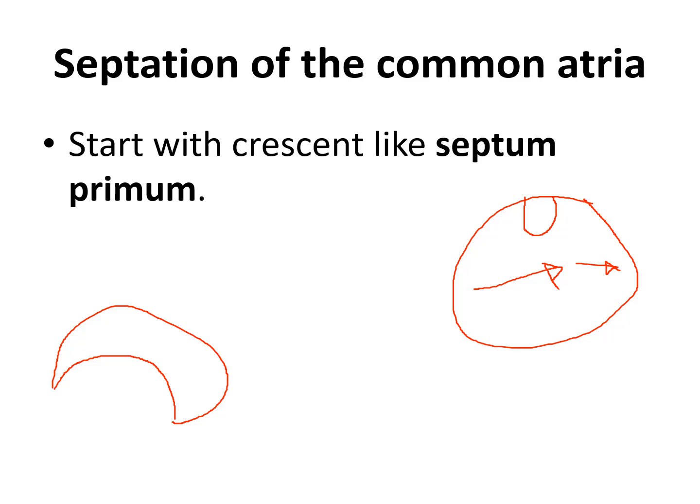But what happens if this septum primum grows down? The foramen primum will become smaller. What happens if it grows more? The foramen will become smaller, and the pressure on the right will rise, and this will make some openings here.